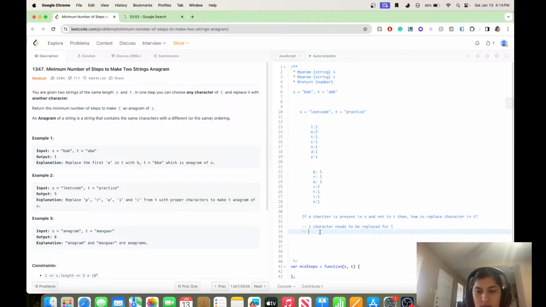So another character is replaced for E, because there are 2 E's. And for T, there is 1 T and 1 T, so that is fine. C is 1 and there are 2 C's.